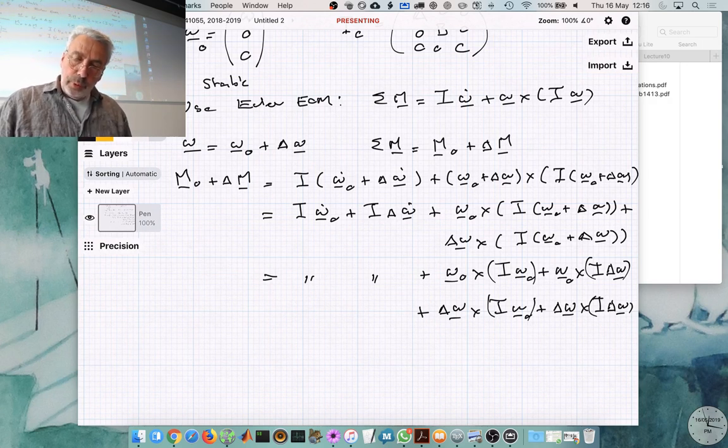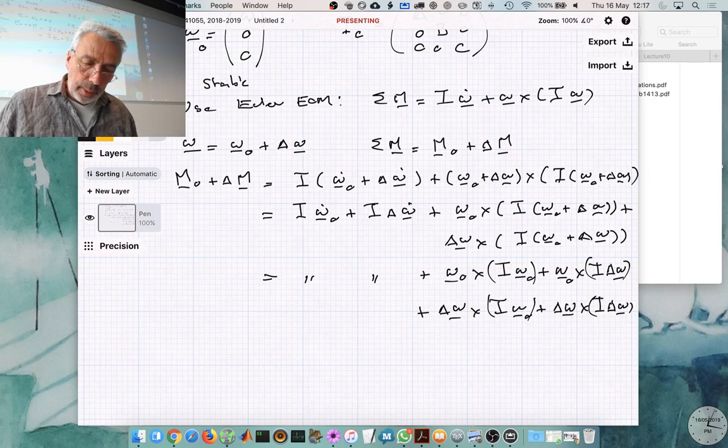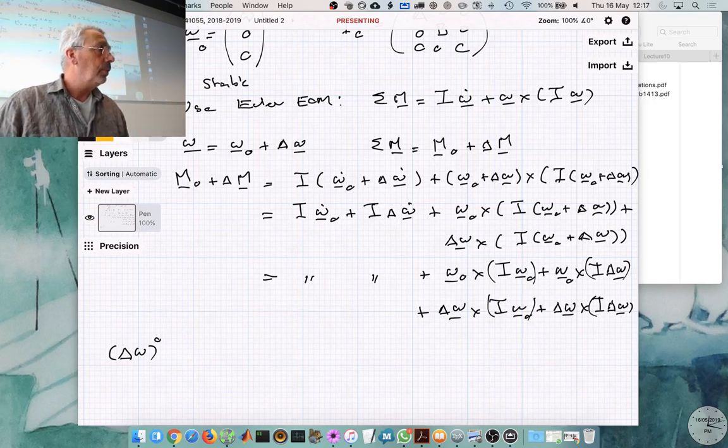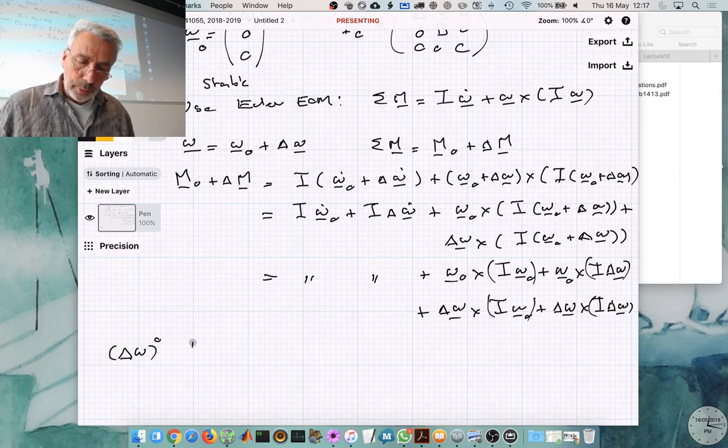Now, first of all, if we look at all these terms, it's scales. So let's look at the variations, delta omega to the power 0, meaning no deltas. What are the constant values? So that's m0. Then here's a delta, you forget that.